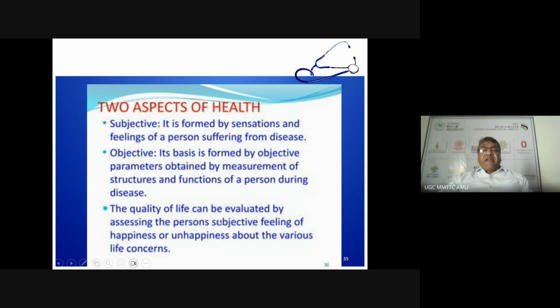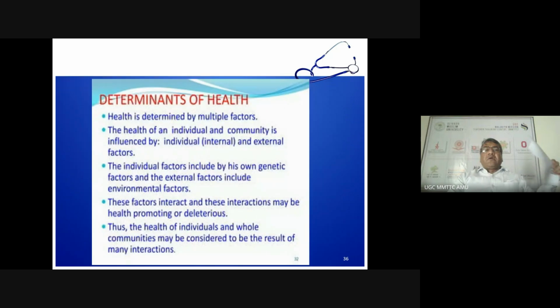Now, quality of life can be evaluated by assessing the person's subjective feeling of happiness or unhappiness about the various life concerns. Determinants of health: health is determined by multiple factors. The health of an individual and community is influenced by internal and external factors.